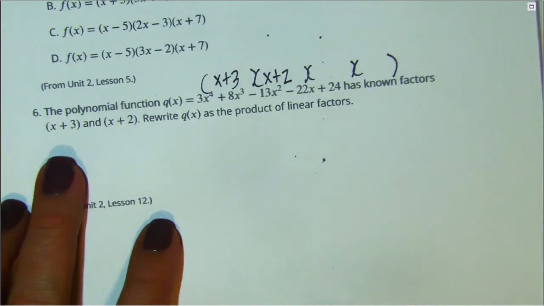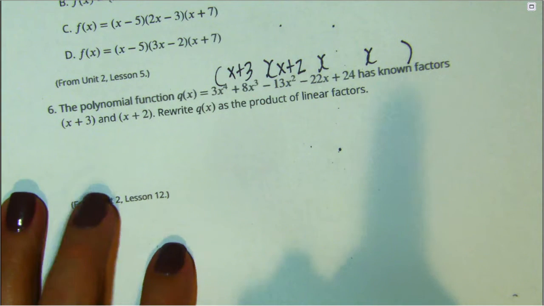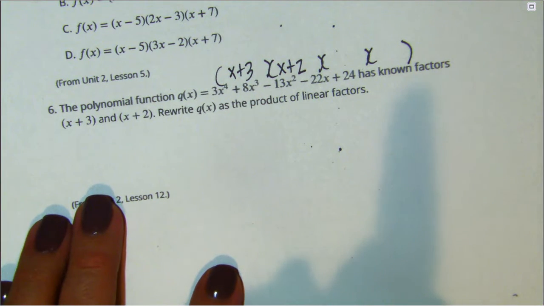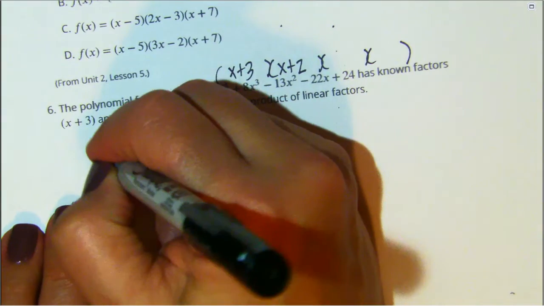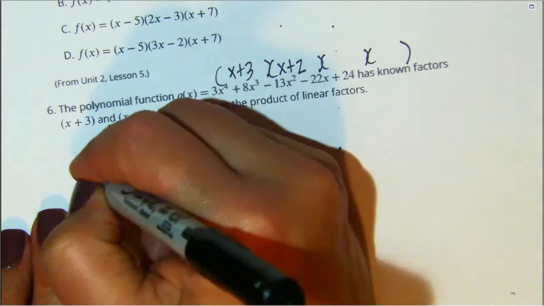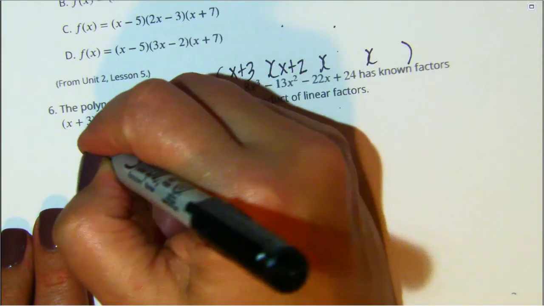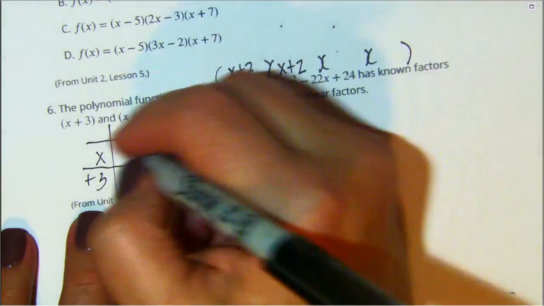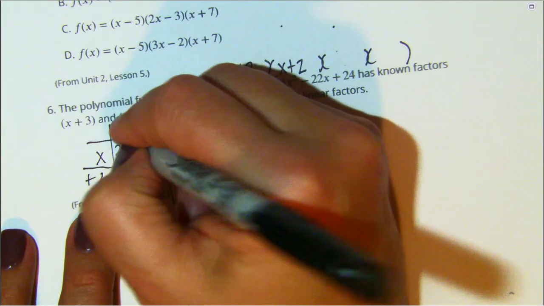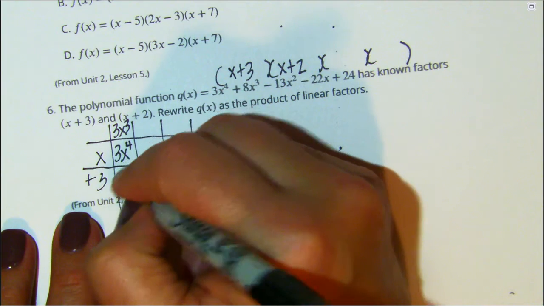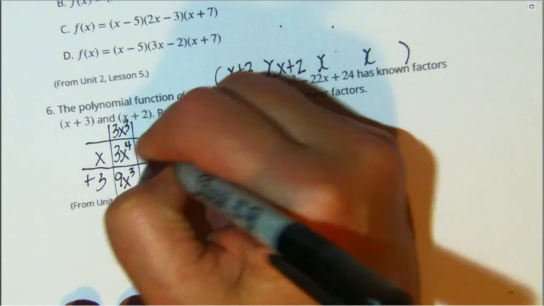So we're going to divide this. We're going to have to divide it 2 times to get it down to an x squared problem that I can factor with my puzzle and my knowledge to get these two. It doesn't matter which one you start with. I'll start with this one. So I need 3x to the fourth. So this is 3x to the third, 9x to the third. I need 8 of those, so I'm going to need -1.